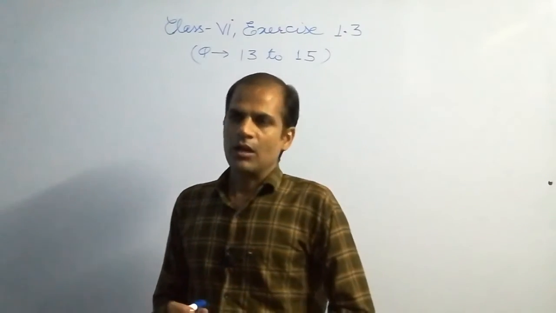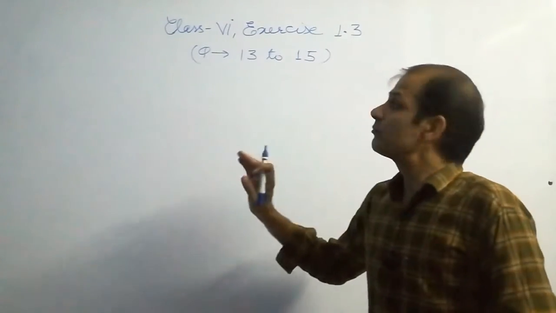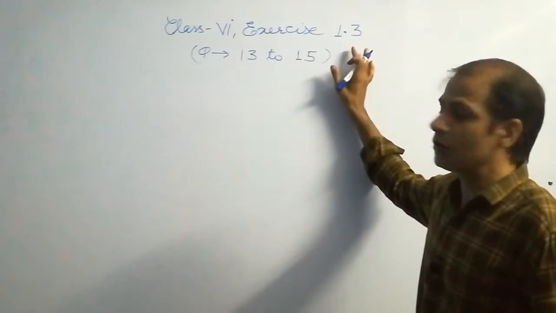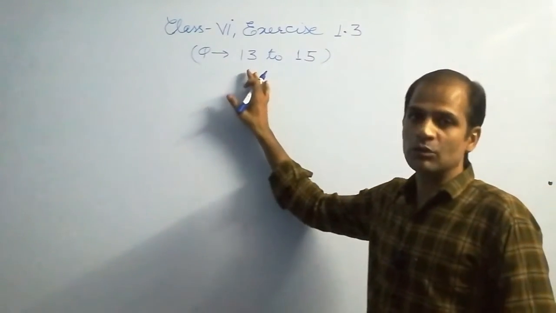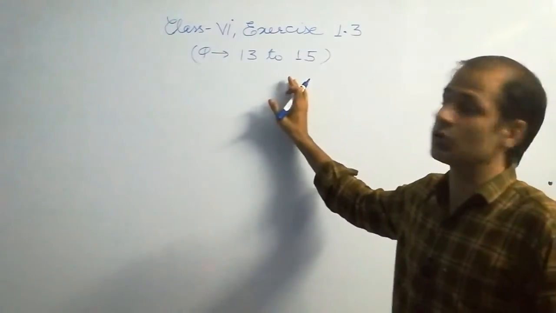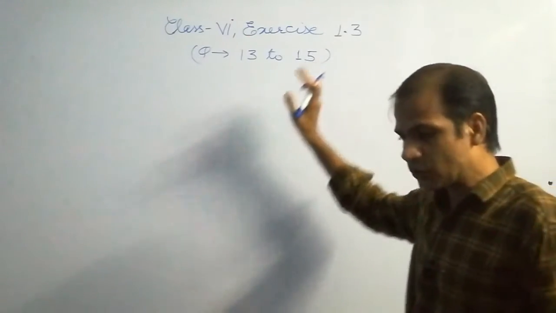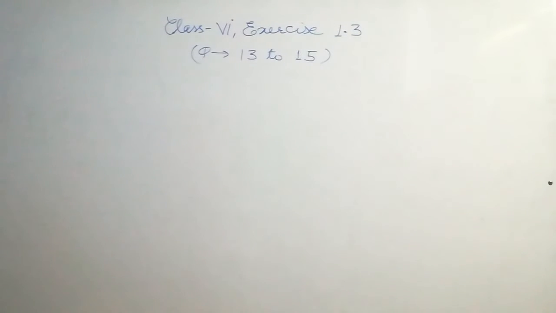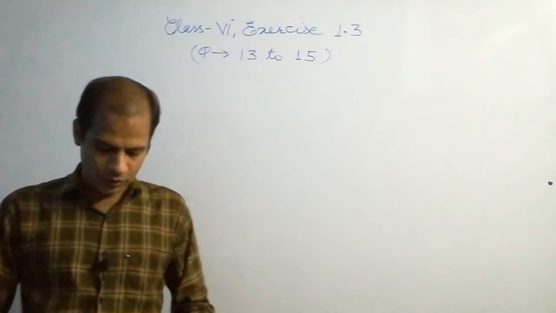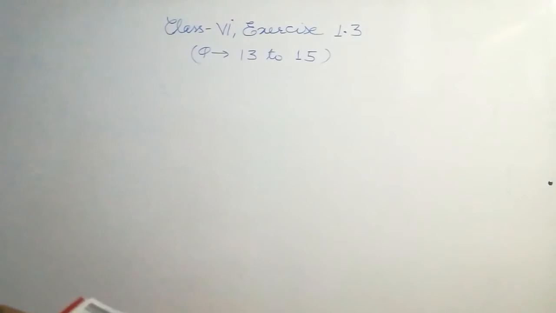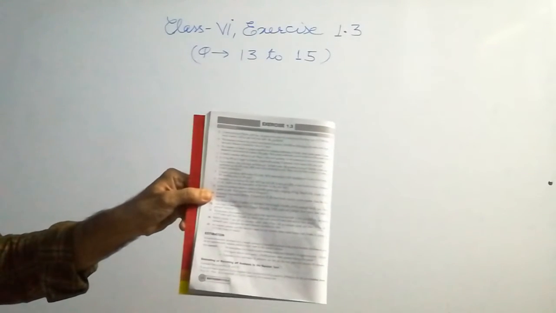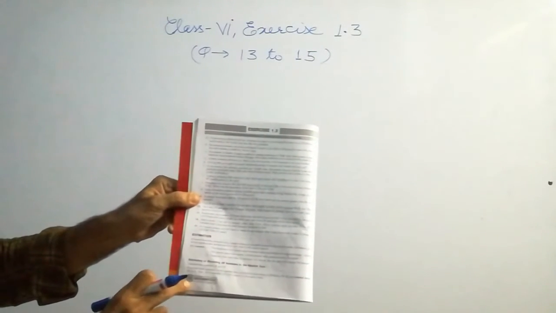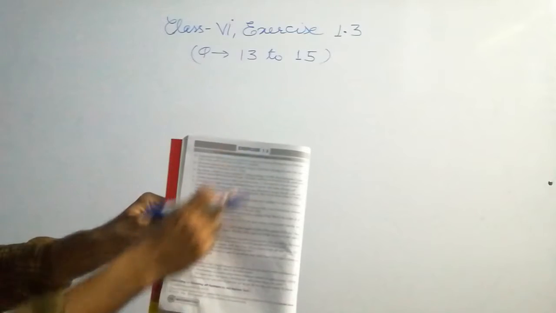Now in this video I am going to solve 3 questions which are the last 3 questions of exercise 1.3. These questions are 13, 14 and 15, and the page number of your textbook is page number 14. See, this is page number 14 and exercise 1.3.